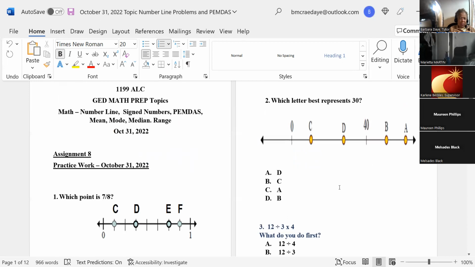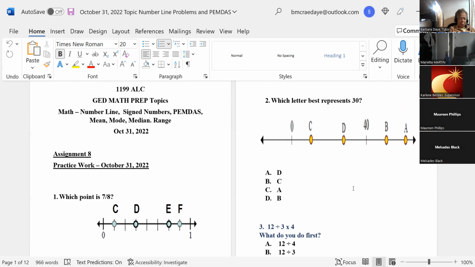Okay, Mercedes, can you see this? Should I make it bigger? That's okay, I can see. All right, read number 2 and tell me what the answer is. It says which letter best represents 30? Okay.